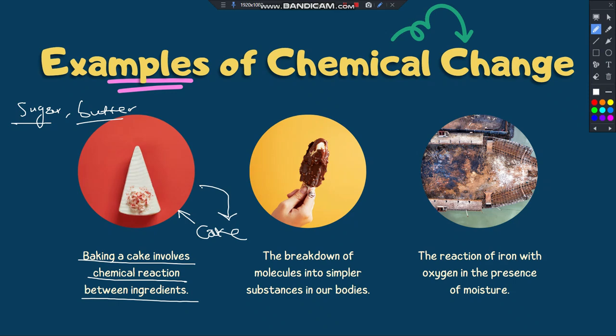The next example we have is the breakdown of molecules into simpler substances in our body. For instance, let's say you have a plate of rice and then you eat it.